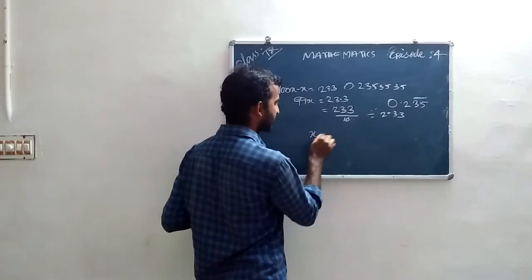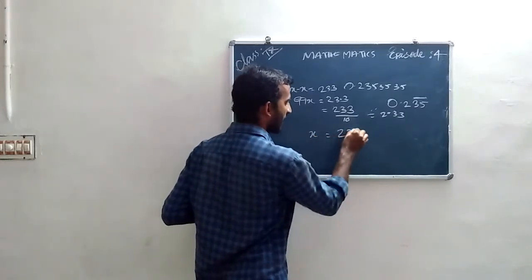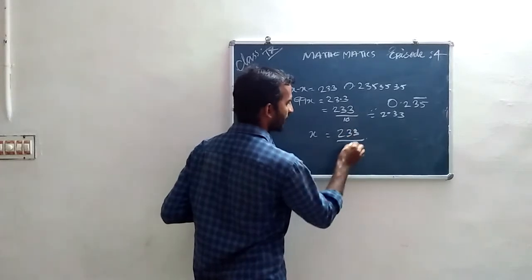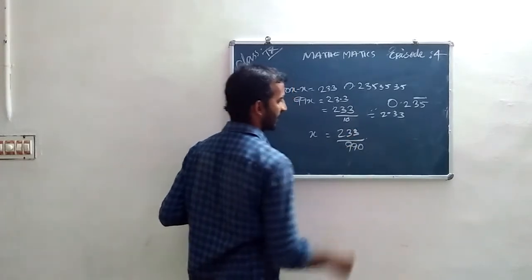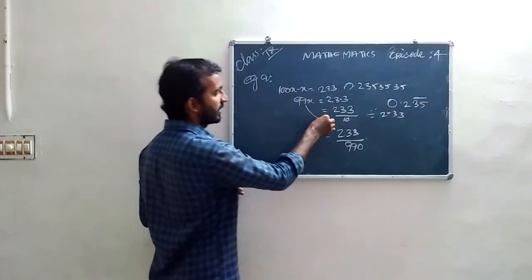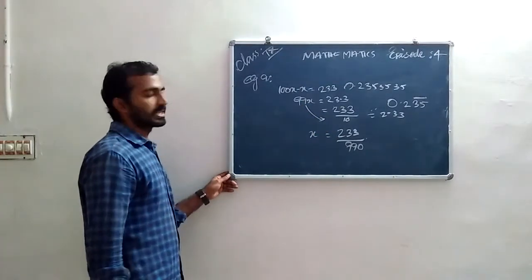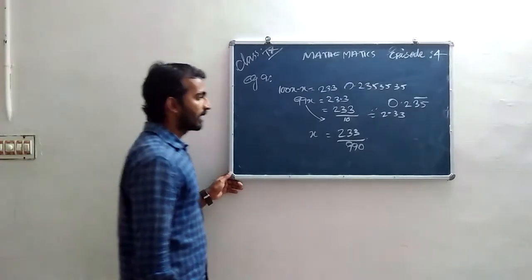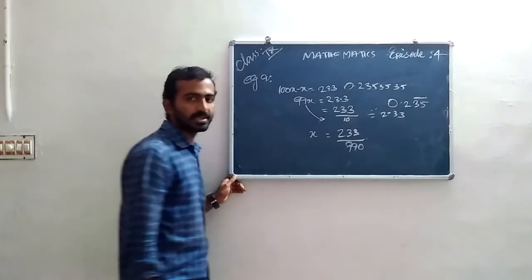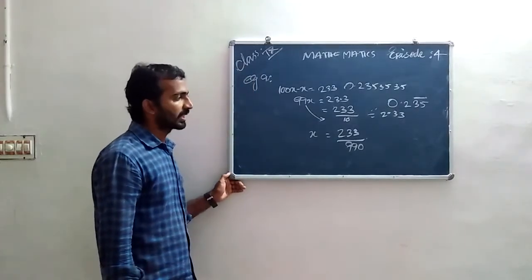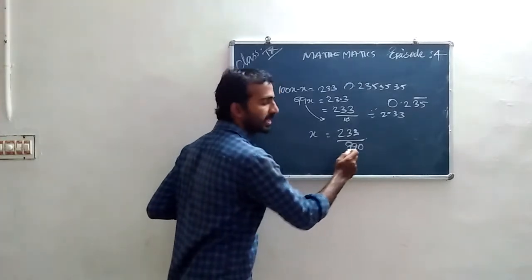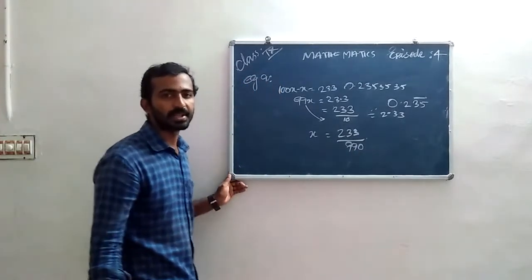So x equal to 233 by 990. When 99 goes to the right side, it is multiplied by 10, and we get 990. That is the answer. x equal to 233 by 990.